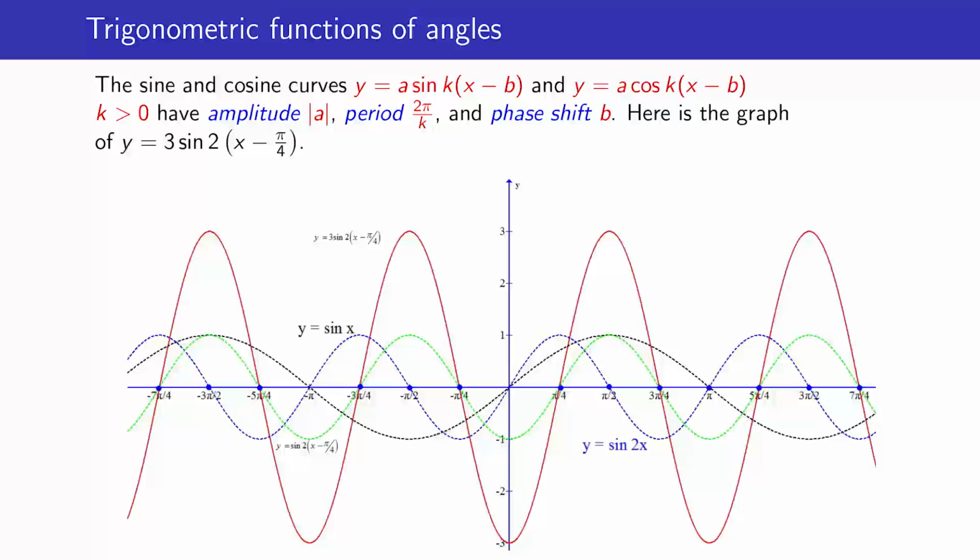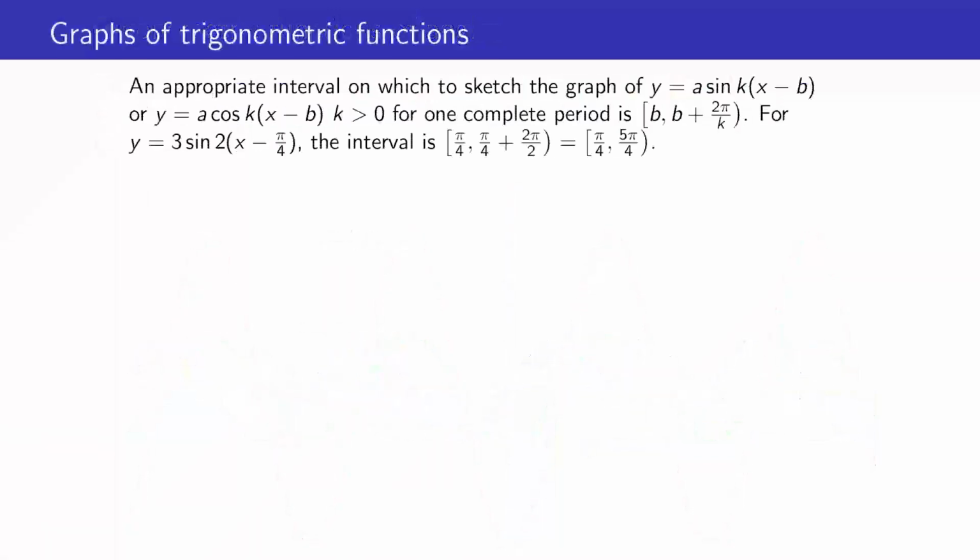An easier way of sketching such a graph is to identify the interval on which you can sketch one complete period. Such an interval is given by b to b + 2π/k. For example, let's consider the function y = 3 sin(2(x − π/4)).